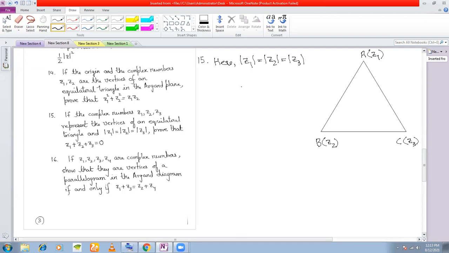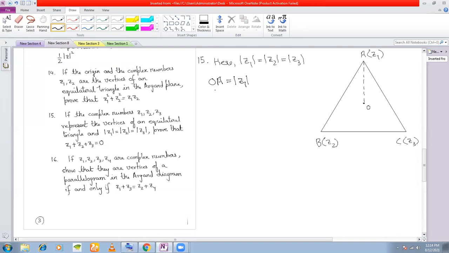Now what is the representation of mod? If I consider this to be the origin, then all these distances are equal, right? So this is my origin. Then mod Z1 represents the distance OA. OA is equal to mod Z1.